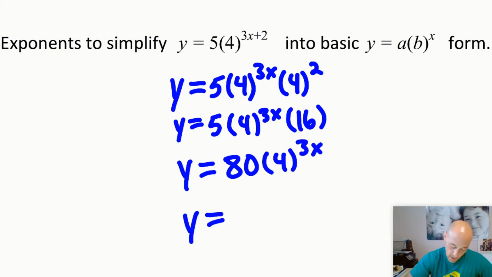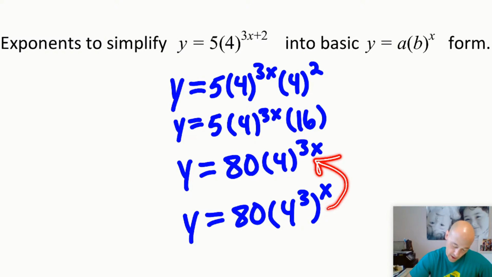So we have y equals 80 times 4 to the third, and all of that is raised to the x power. If we were going this direction, it might be easier to see that we can take that x and multiply it by the 3 to give us this 4 to the 3x. But we can also go that direction as well.